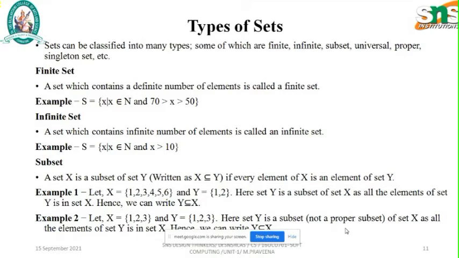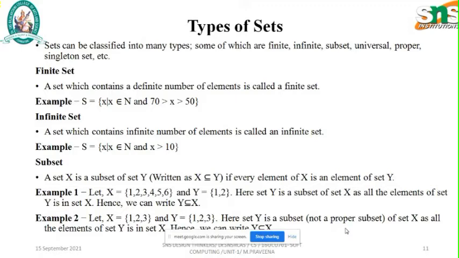Next one is subset. A set X is a subset of set Y, which we represent using the symbol you see in the PPT, if every element of X is an element of set Y. You see here X has the elements 1, 2, 3, 4, 5, 6, whereas Y has 1 and 2.